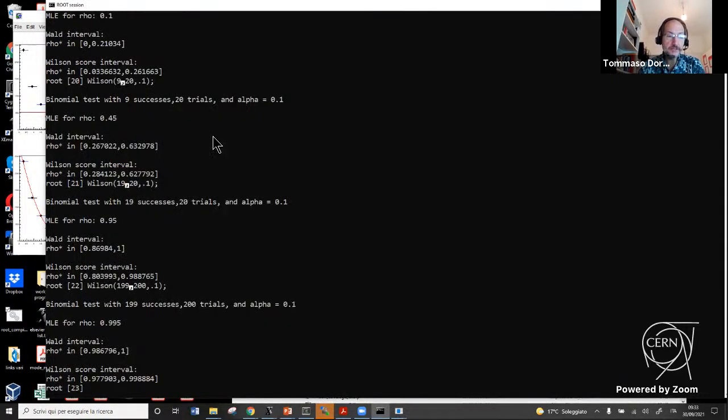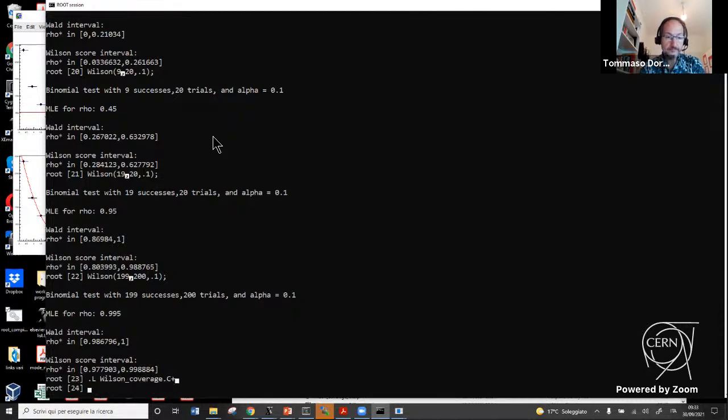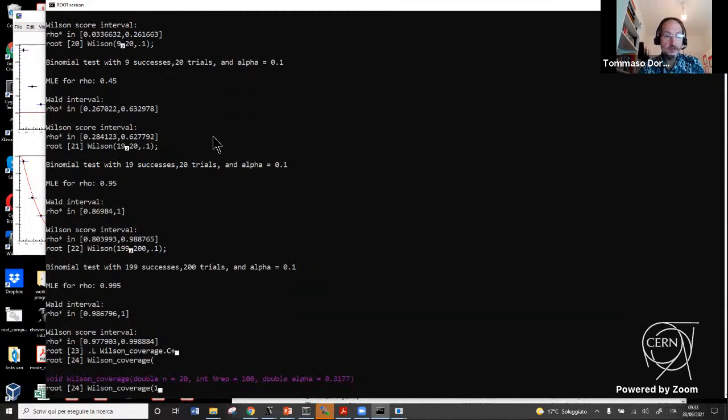So let's see what happens. Wilson coverage. Now let's try 100 trials. Let's do 1,000 repetitions so that our histograms will look nice, for a type 1 error rate of 0.1.